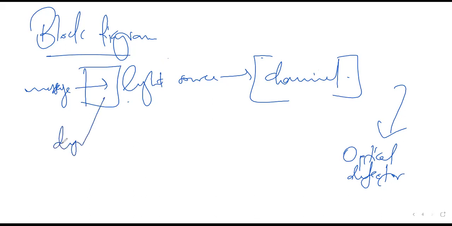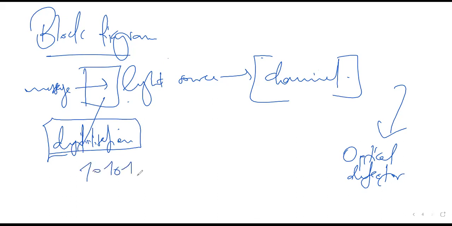There is digitalization somewhere at this point. An electrical signal is turned into a digital signal, 101010. Then when this signal interacts with the light source, the light source switches on and off, on and off, corresponding to this.